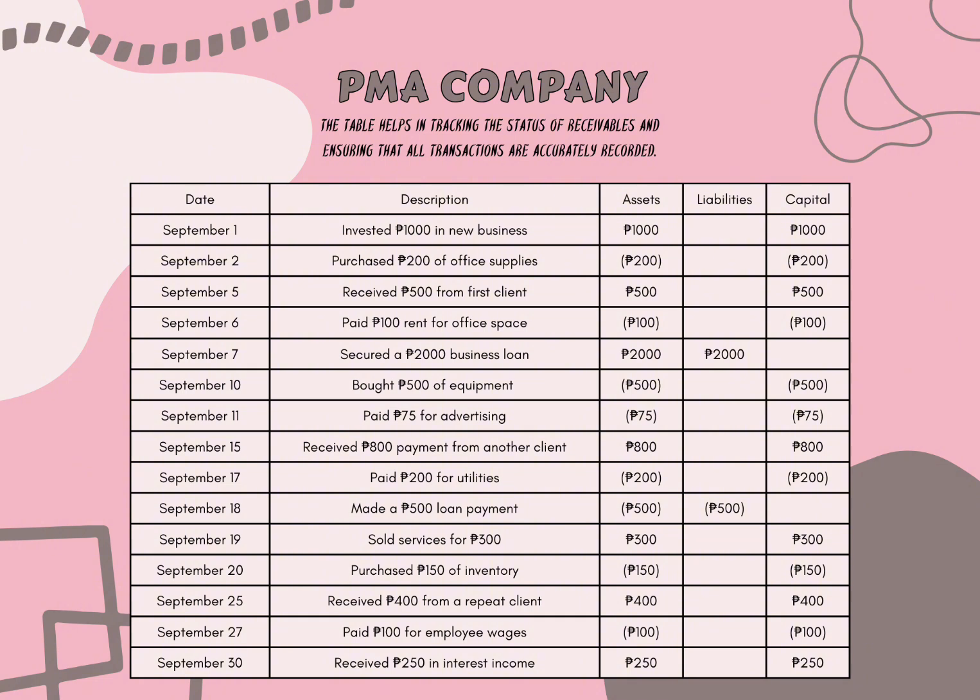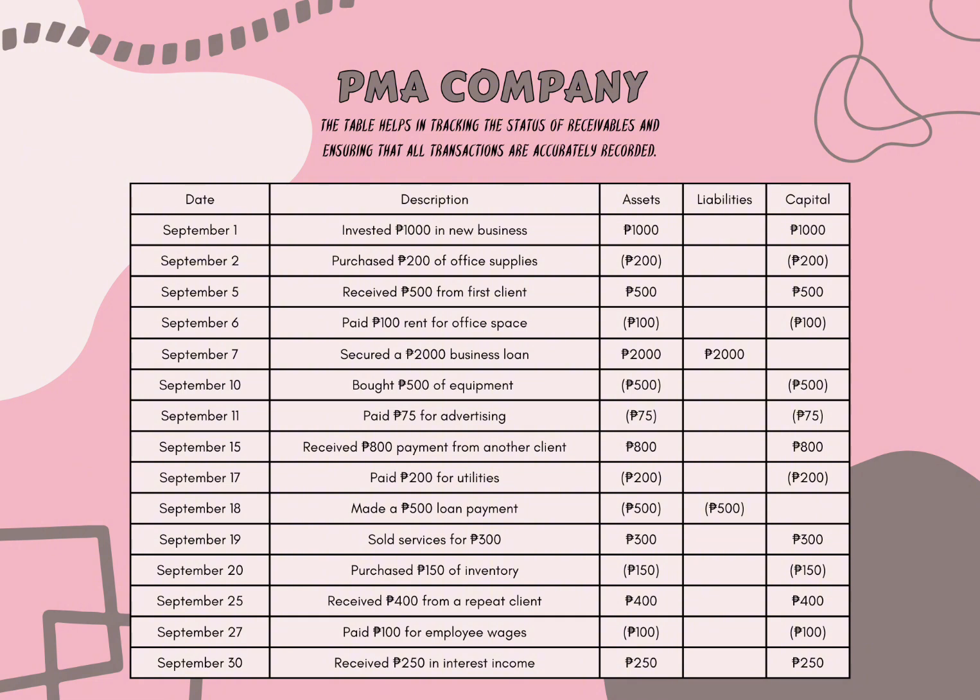On September 7, they secured a 2,000 business loan that increases assets and also liabilities. The purchase of 500 pesos of equipment resulted in a decrease of assets by 500 pesos and a decrease in capital of 500 pesos due to the expense.